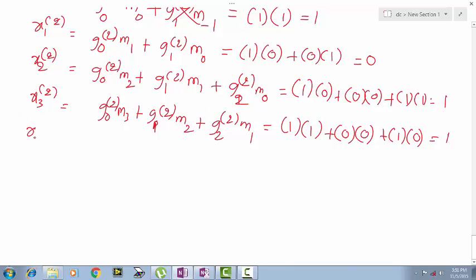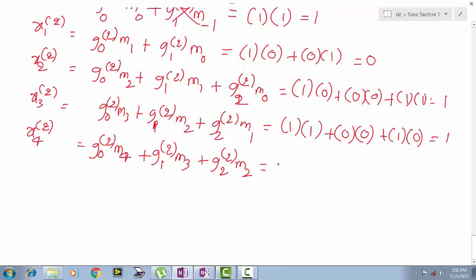Next, x4 of 2 is g0 of 2 m4 plus g1 of 2 m3 plus g2 of 2 m2. So 1 into 1 plus 0 into 1 plus 1 into 0.